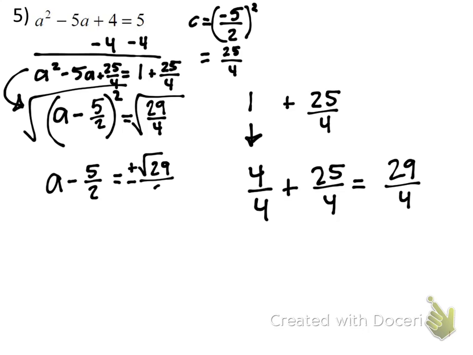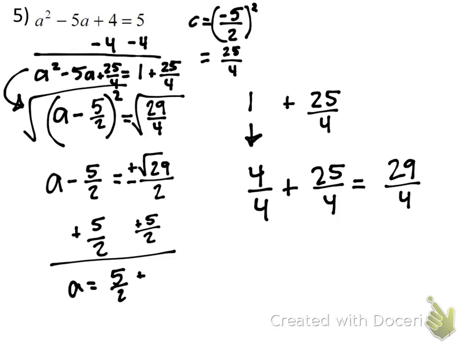Let's put 2 here. Okay? Now we finish up the problem. Please pay attention. This is the hardest problem. We got plus 5/2 on both sides. The 5/2 cancel out. So a is equal to 5/2 plus or minus square root of 29 over 2.